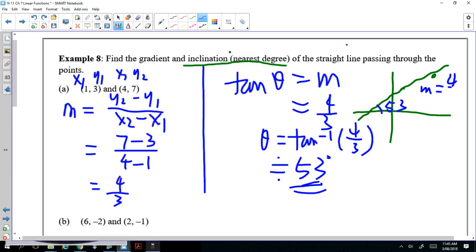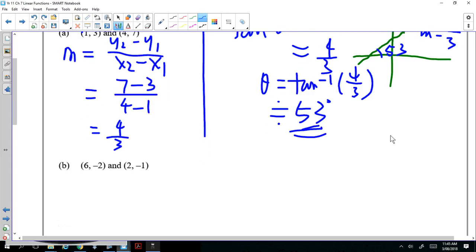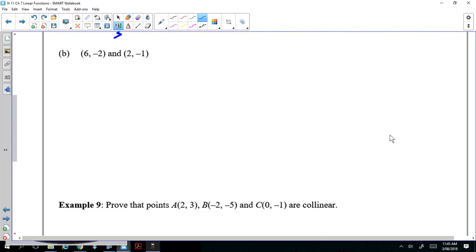So m equals -1 minus -2 over 2 minus 6. Have a try. So what would that be? 1 over -4. This time it's negative. So when you find the angle, you've got to be careful.